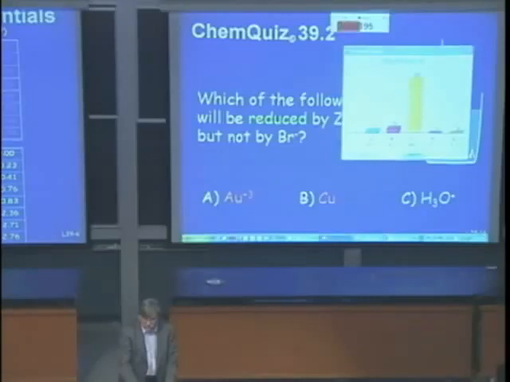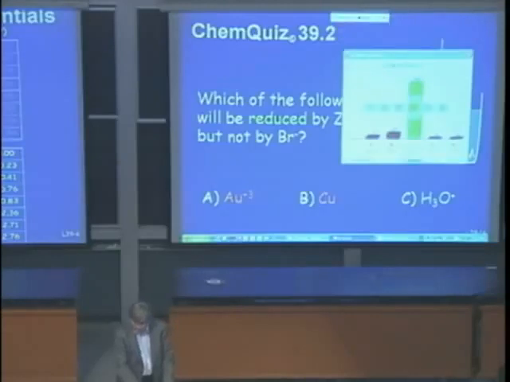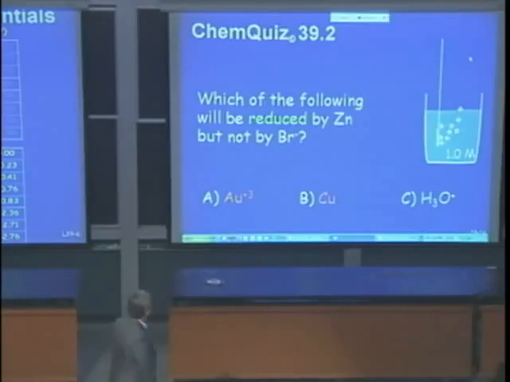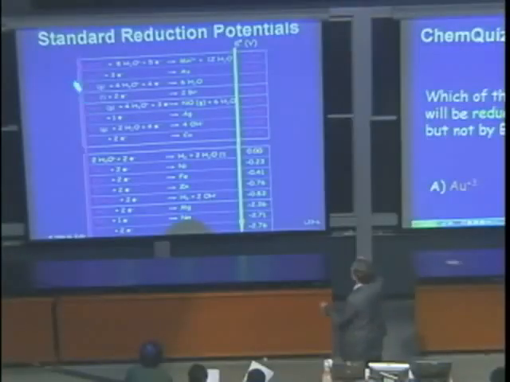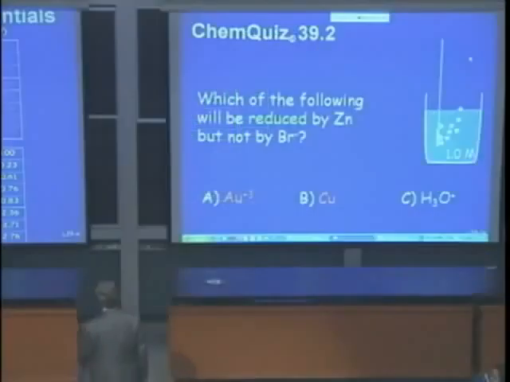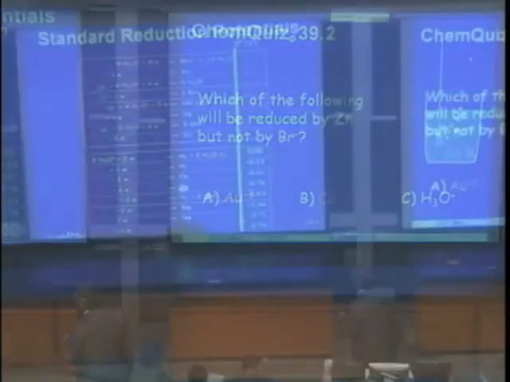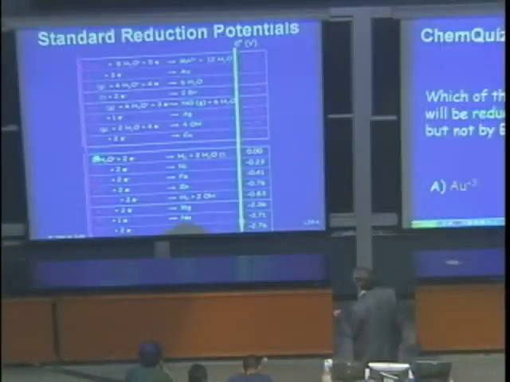Okay, I go with C. Let's go for it. Why? Which of the following will be reduced by zinc but not by bromine? So the reduction is everything above, isn't it right? If I have zinc, it will reduce this one here to H2, the H3O plus.